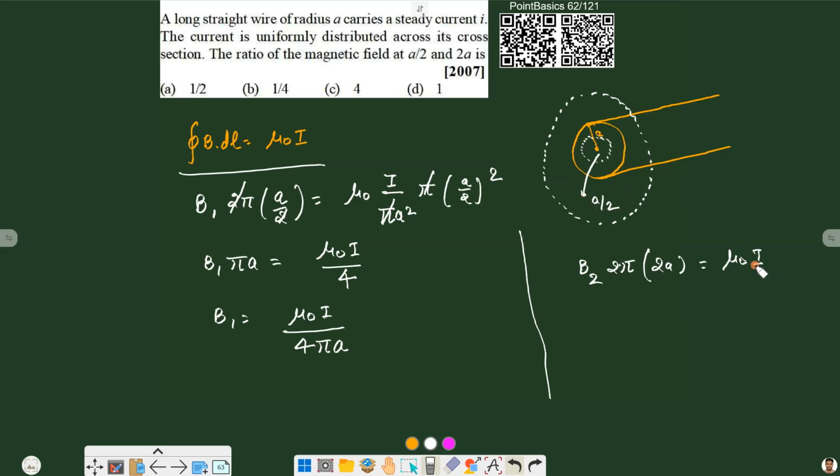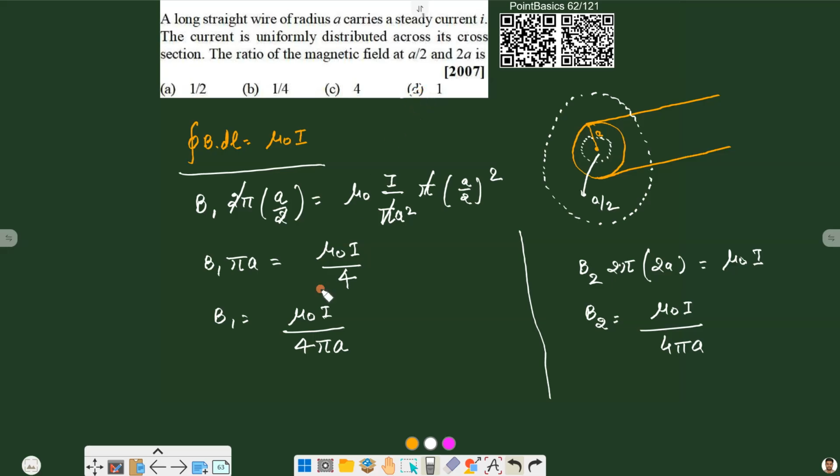So the maximum amount of current is equal to the amount of current in the wire. So from this, B2 is equal to mu naught I by 4 pi a, and as both of these are equal, their ratio will be 1:1, or option D.